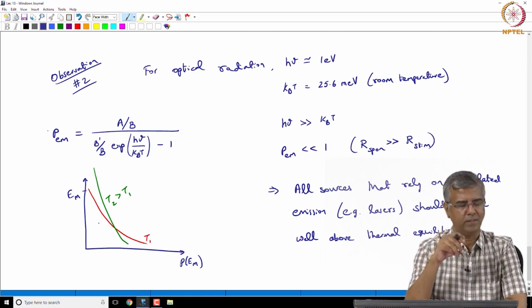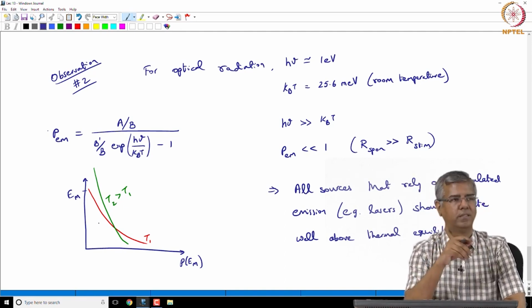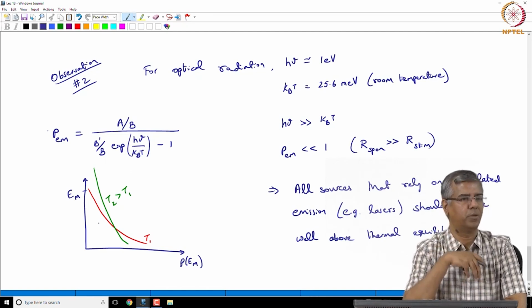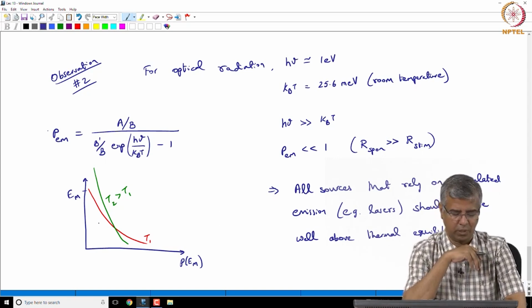So, under thermal equilibrium conditions, you cannot have N2 greater than N1, right. So, that is what we are saying here. We cannot have N2 greater than N1.